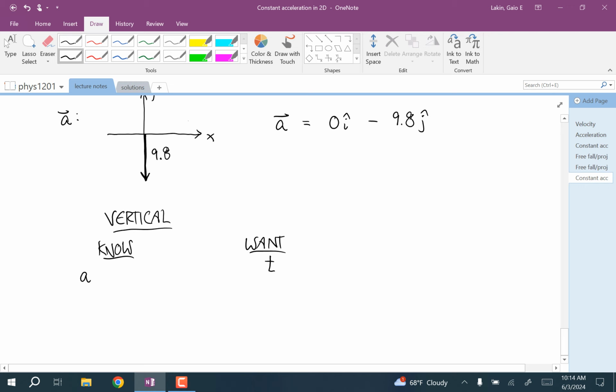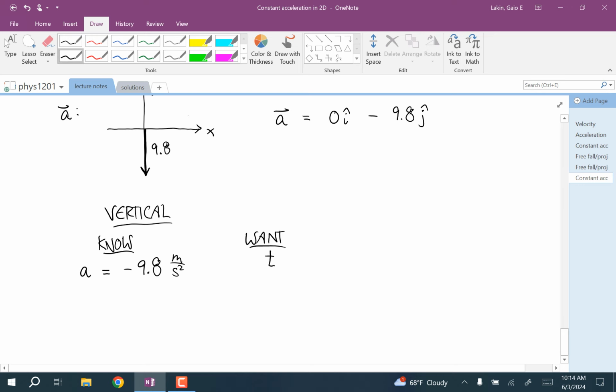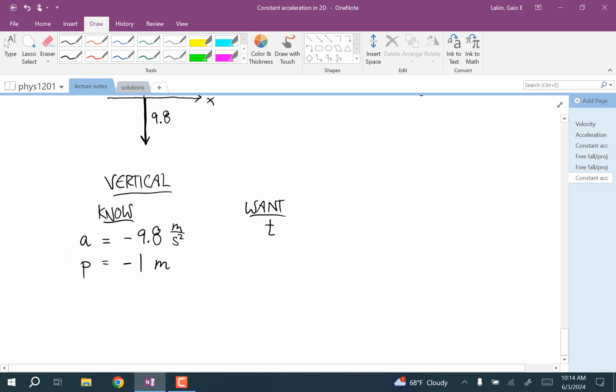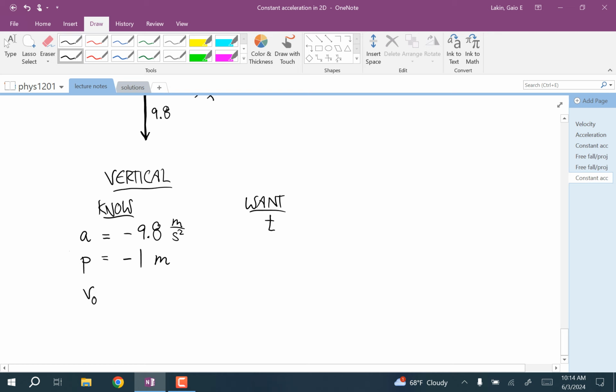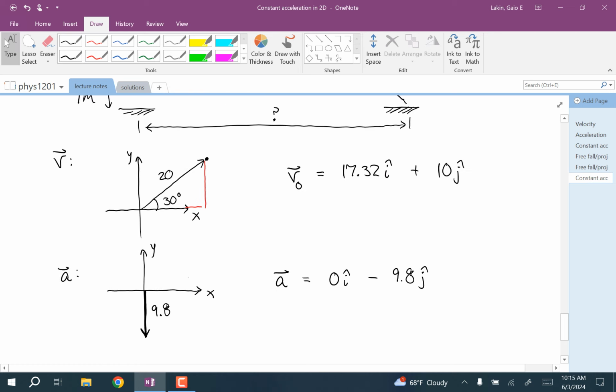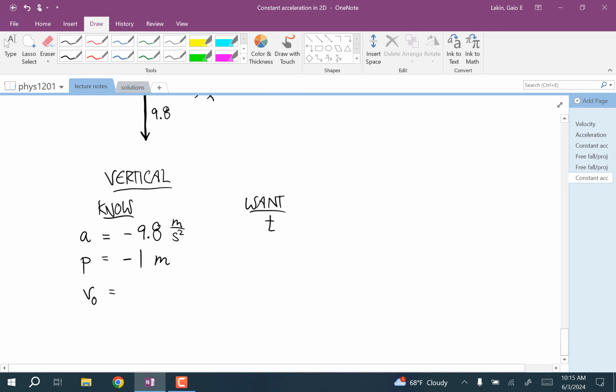The acceleration, just looking at the vertical part, is negative 9.8. Our zero position is 1 meter above the ground, so when it hits the ground, our position is negative 1 meter. It's 1 meter down. Our v sub 0 is the vertical part of the velocity, so that's positive 10.